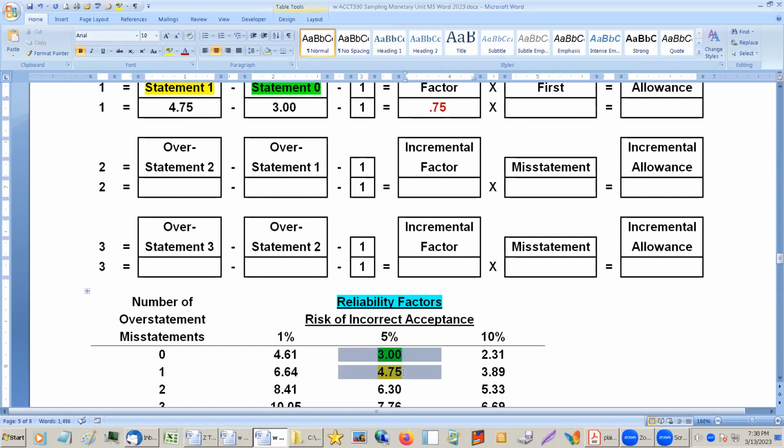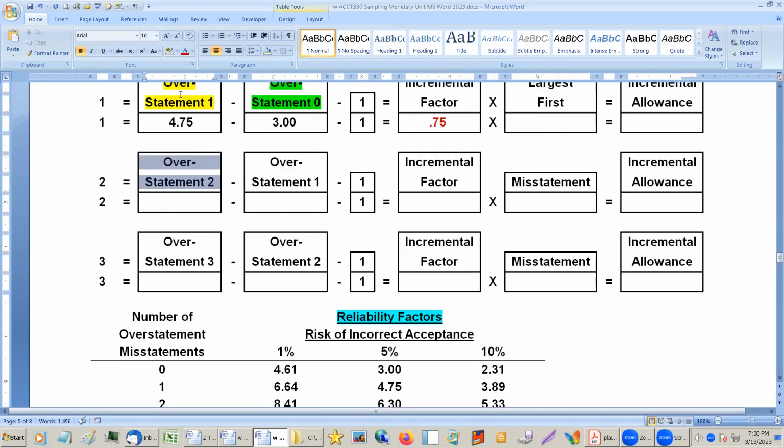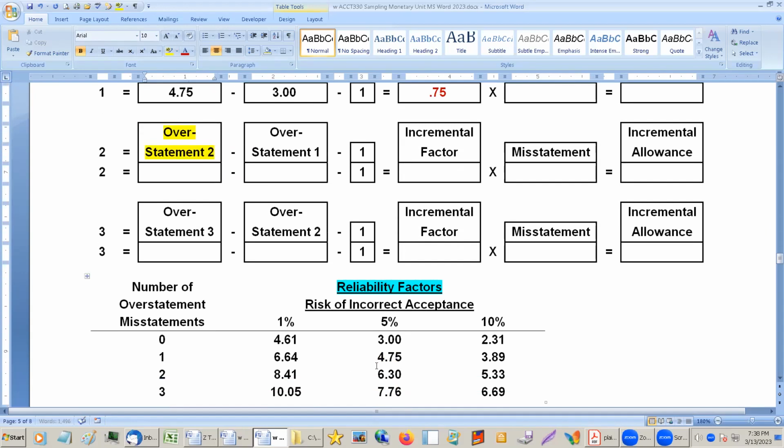Okay, so we go to number 2. Overstatement number 2 is 6.3 minus overstatement number 1, $4.75, minus 1 equals an incremental factor of .55.